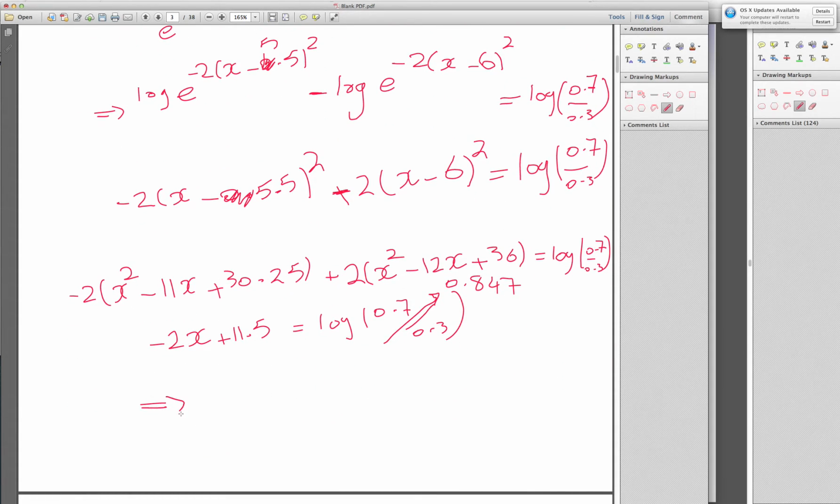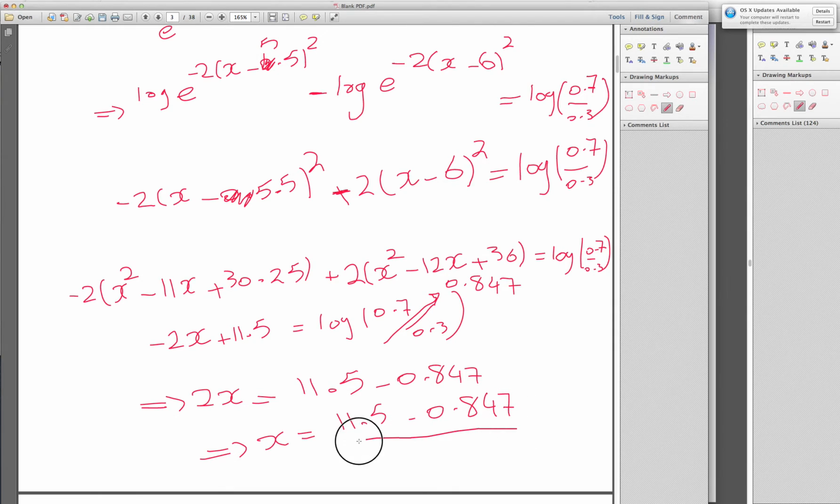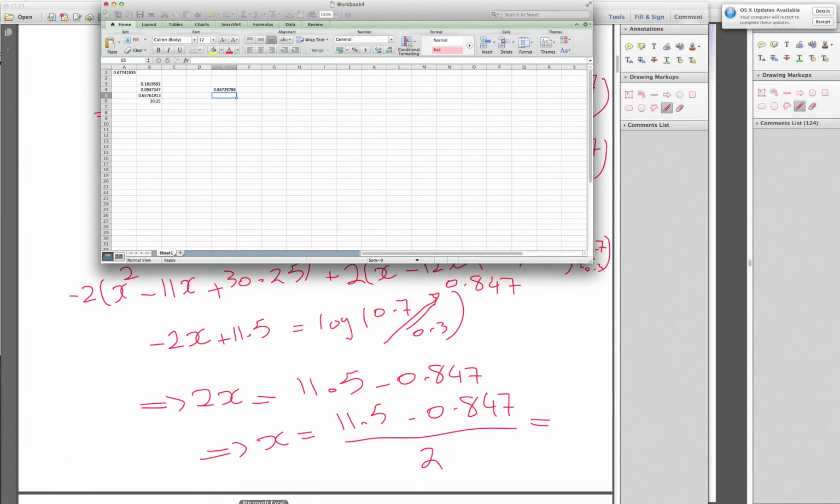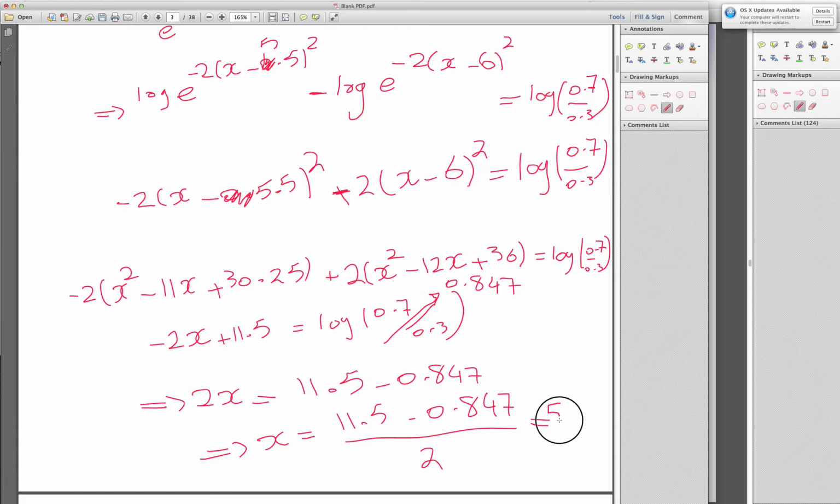Therefore, 2x is equal to 11.5 minus 0.847. Therefore, x is simply 11.5 minus 0.847 divided by 2, which is 5.32.